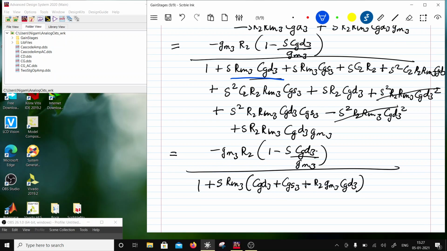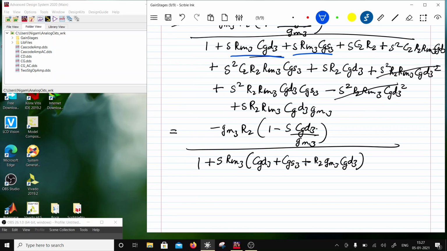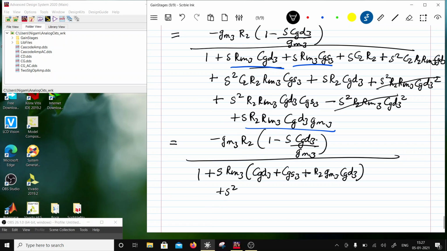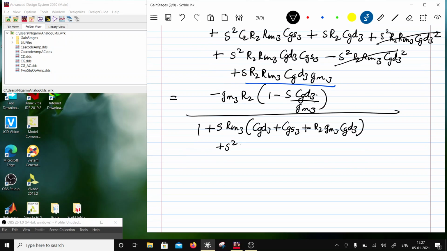I have covered this term, I have covered this term, I have covered this term. Now let's collect S square terms. Okay, so plus S square times of, so let's look at S square terms. S square R2 Rn3, S square term R2 Rn3.